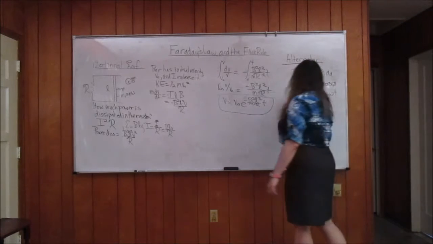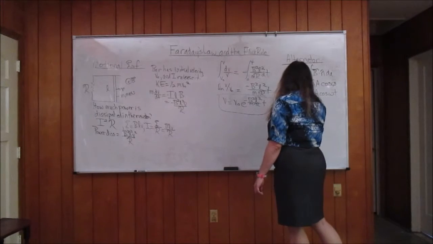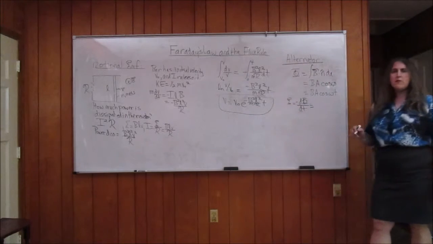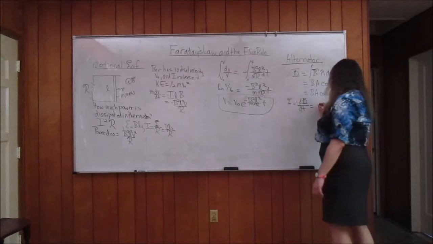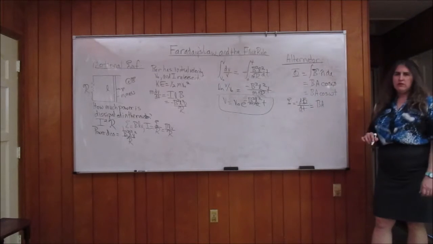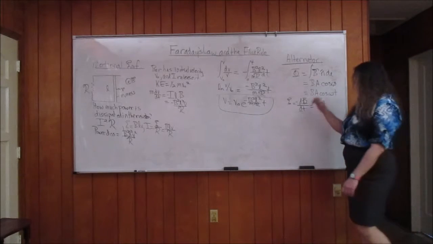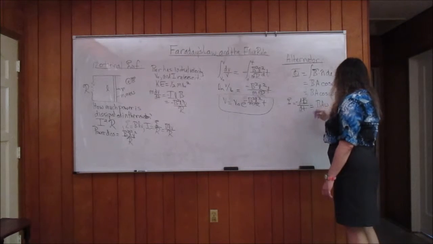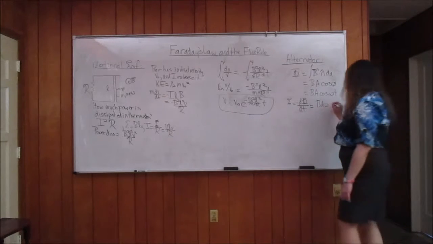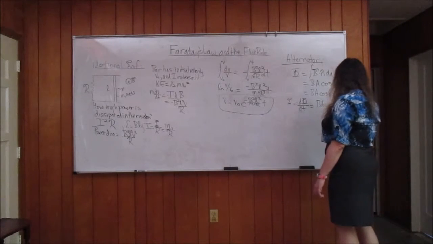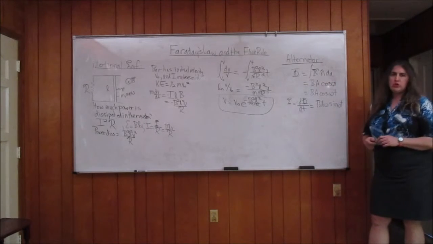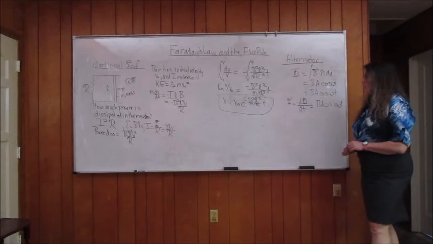To figure out the amount of EMF that's induced, that's just minus the time derivative of the magnetic flux, and that's equal to BA times the derivative of this, which is just minus omega sine omega t. The minuses cancel out, so we wind up with the magnetic field times the area of the loop times the angular speed times sine omega t. So that's the EMF induced in the loop.